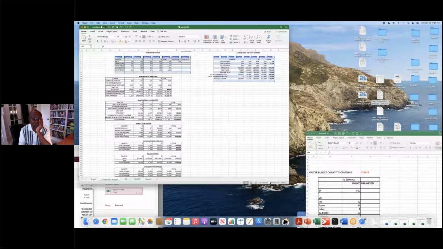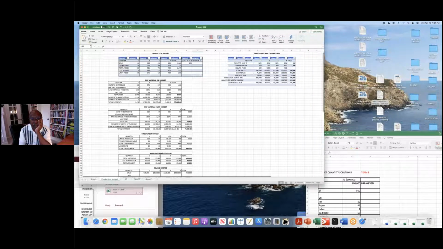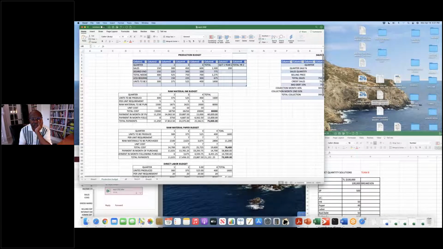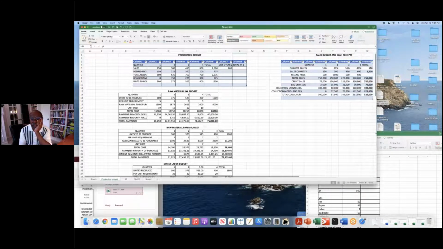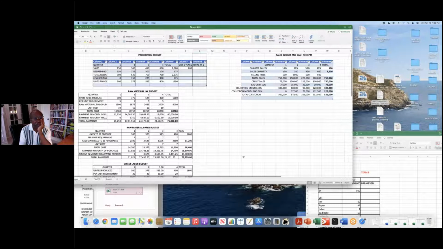It's all the way down on the left side. Oh, and I did end up rounding those numbers in the paper. Instead of 73,509, if you round everything, you'll get 73,500.